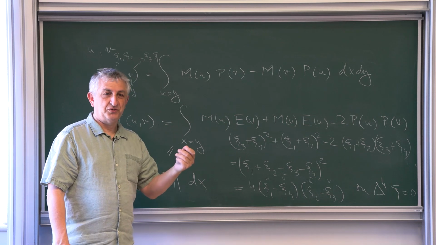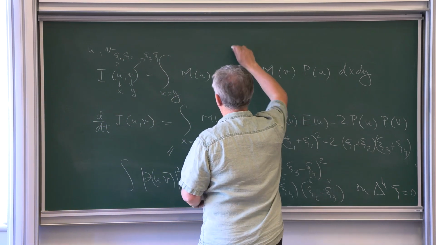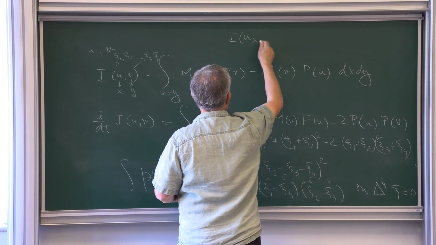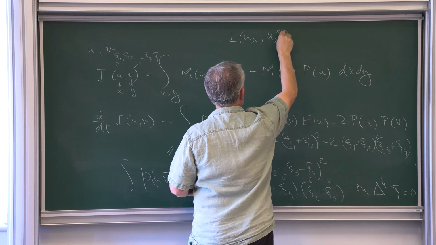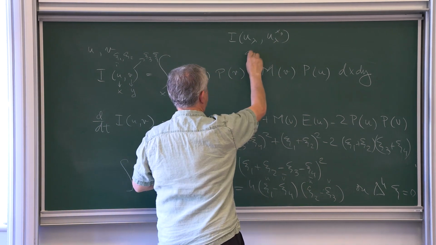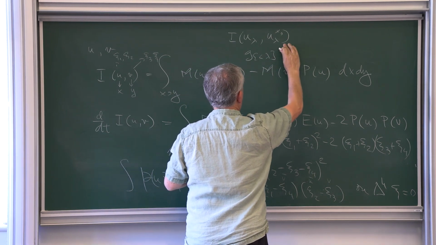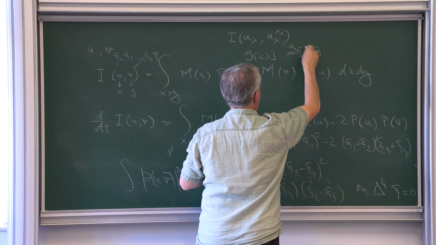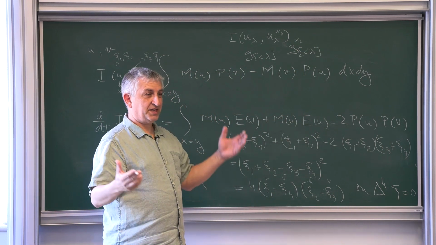But that's not true, because suppose I want to look at I of u lambda and u lambda, and maybe translate this guy. Then this uses the metric G, and this one uses the metric G translated.